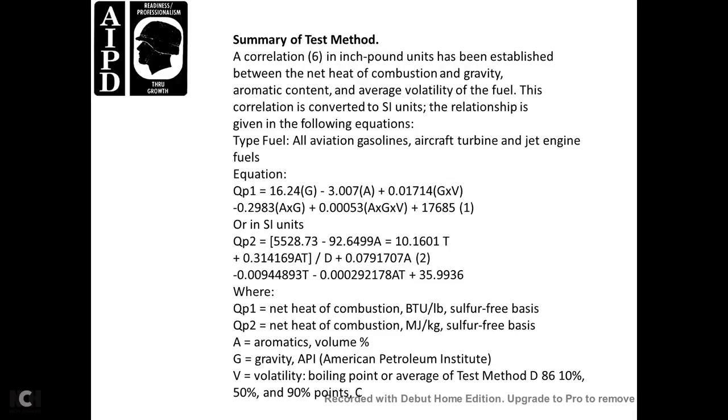Equation 1: net heat of combustion in BTU per pound, sulfur-free basis, equals 16.24 times the gravity in API minus 307, plus the aromatics volume percent, plus 0.11714 times the API gravity times the volatility, the average of the test method 10%, 50%, and 90% points in degrees C.